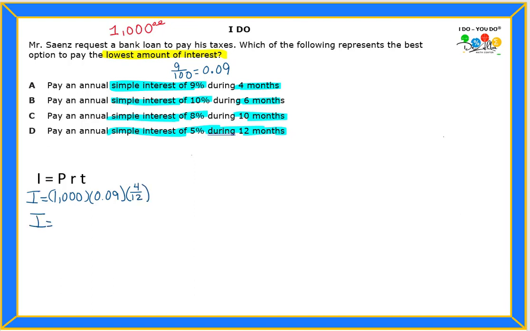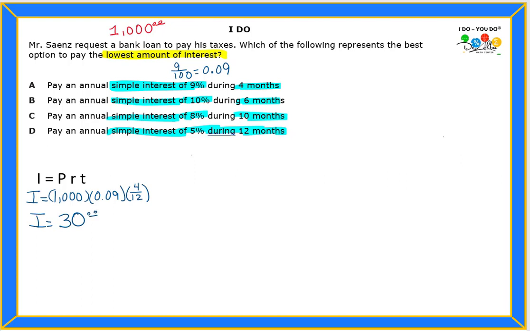Because remember that that's months and I need the years. So we need to write down the 12 months, right? And that will give me 4 over 12. So if you input all that in the calculator, that will give you 30. So in my problem, if the loan was $1,000, we will pay $30 of interest, okay?